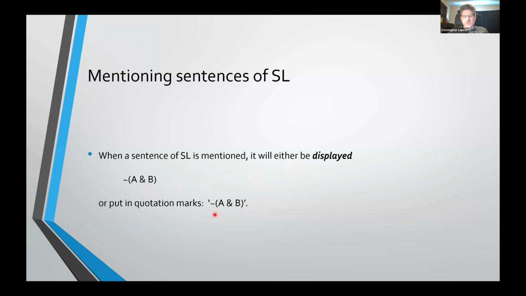When I'm talking about sentences in formal logic, I tend to put them in single quotes. And when I'm mentioning sentences in natural language, I'll put them in double quotes. There's no real reason for this. This is not a standard convention or anything. This is just something that I do.